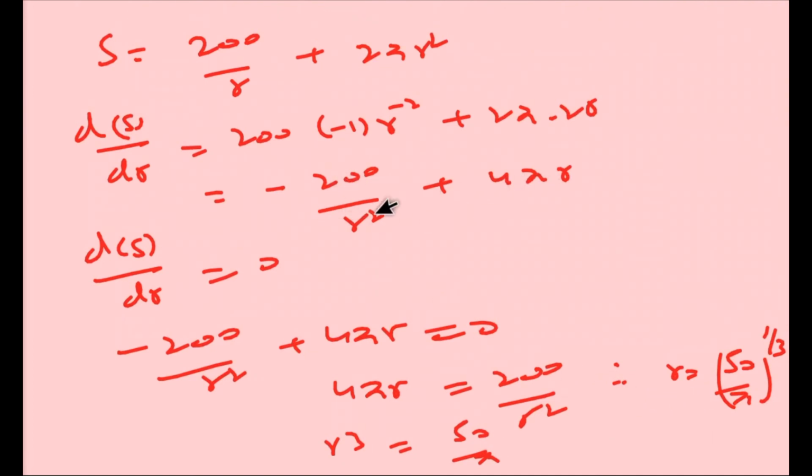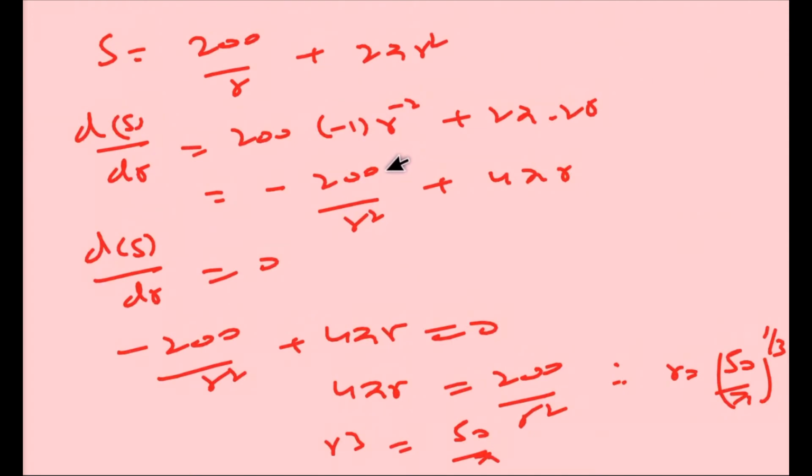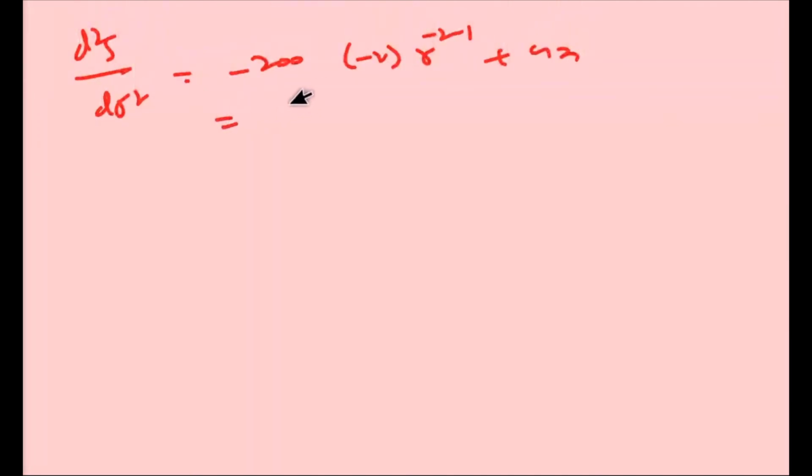Now taking the d2 of this, what we got? d2s by dr square is minus 200 into minus 2 r to the power minus 2 minus 1 plus 4 pi. You can see here again, taking r to the power minus 2, then differentiate, r is 1. So we can find it 400 upon r cube plus 4 pi.